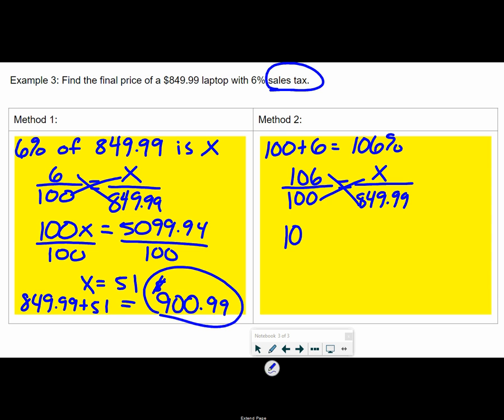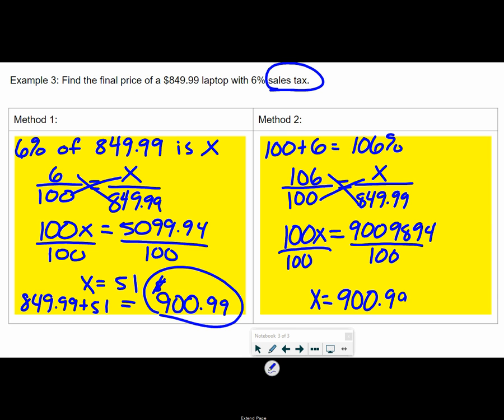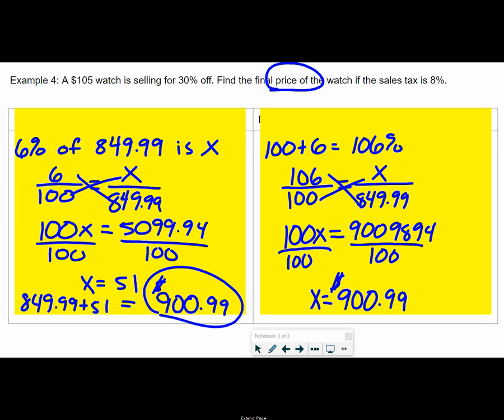Cross multiply, 100X. Again, still going to get X equals $900.99. So both methods are always going to give me the exact same answer.